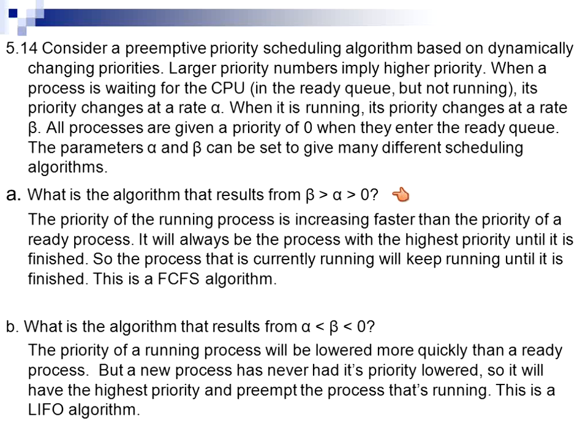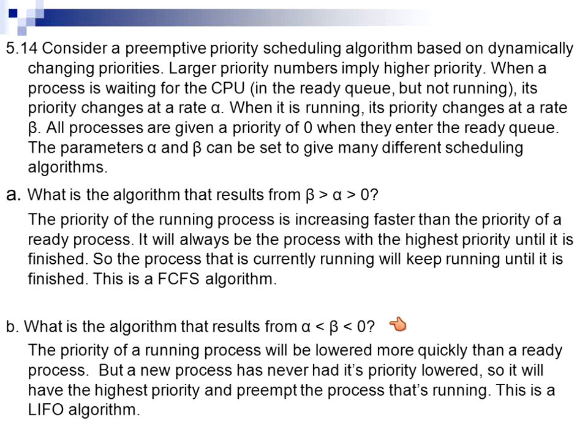That's why they're increasing. So once something gets allocated the CPU, it's always going to be the process with the highest priority until it's finished. So the process that's currently running will keep running until it's finished, and that's a first come, first serve algorithm. Okay, so that's kind of what I was looking for in the answer, knowing that it was a first come, first serve algorithm, but then explaining why based on the relationship of the alpha and beta values.